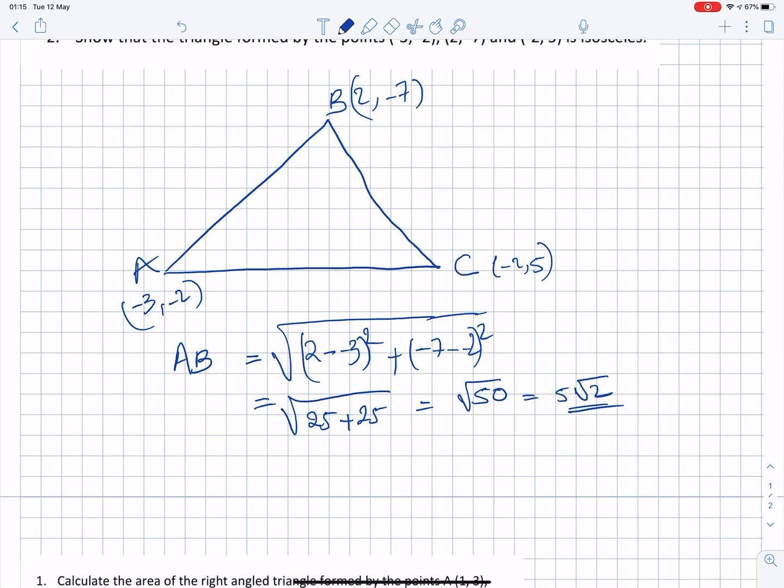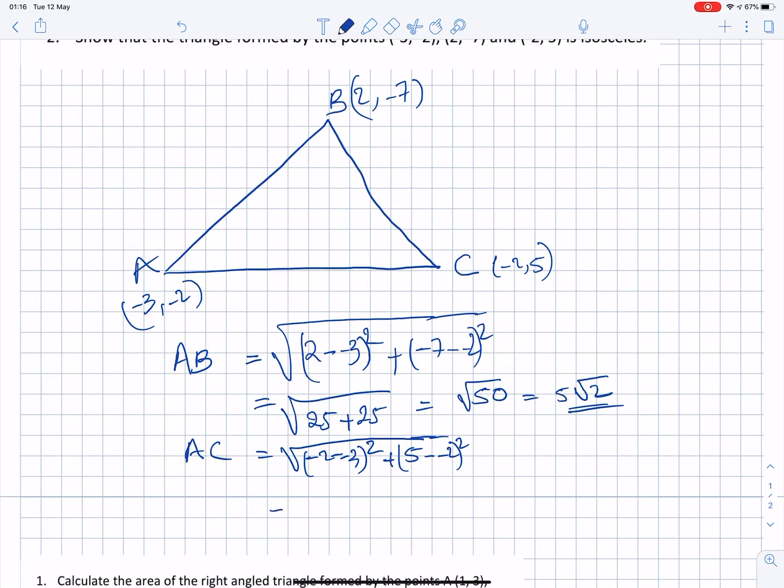Let me try AC. Okay, so AC is going to be the square root of minus 2 minus minus 3, and then square it, plus 5 take away 2, and then square it.